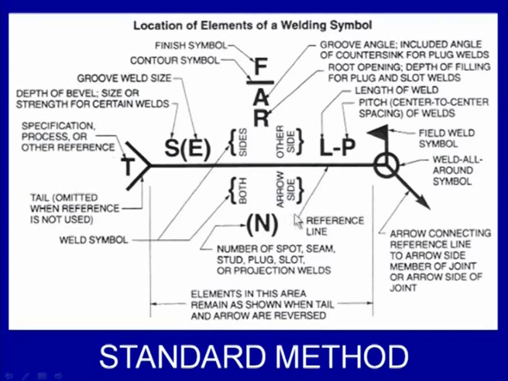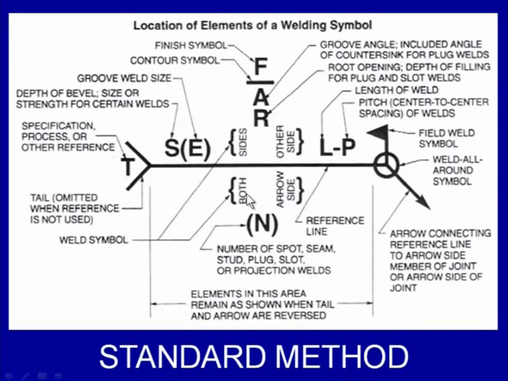And here, on both sides, we have the information about the size of the weld to be made. So, here we give the information about the basic weld symbol which will be made.